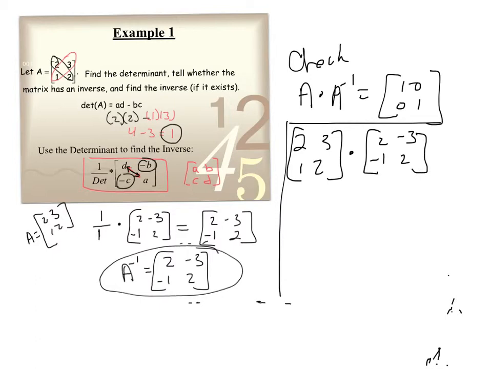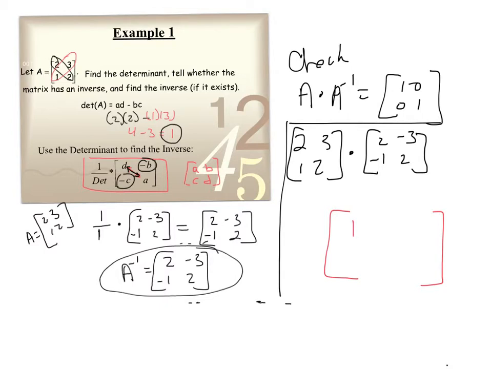And so I know that my resulting matrix is going to be a 2 by 2. I have row 1, column 1, so I'm going to take row 1, column 1, put those guys together. I have 2 times 2, which is 4, and then 3 times negative 1, and add those guys together. So that gives me my 1, so that's good.